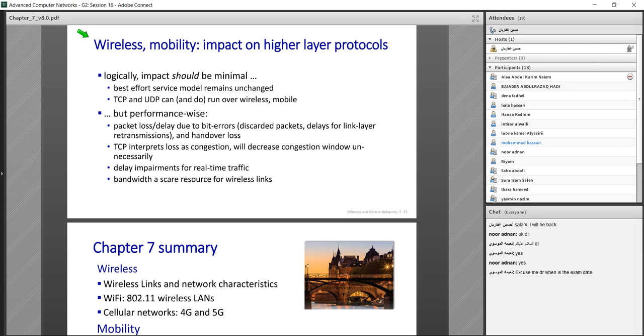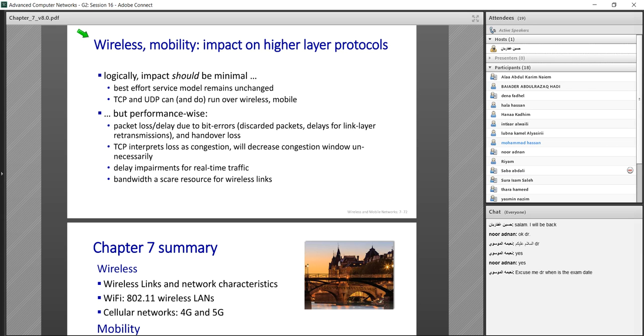Maybe when I'm using the TCP protocol to handle the congestion levels in a network, when I'm moving from one network to another one, when I'm doing a handoff, it can affect and decrease the congestion window.